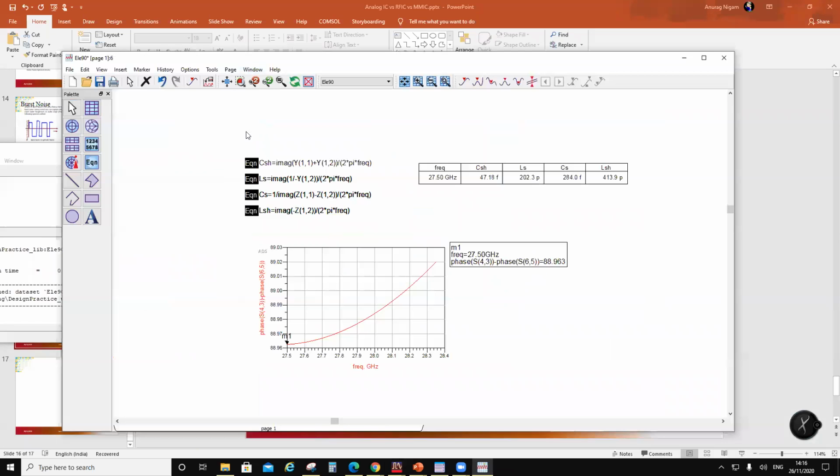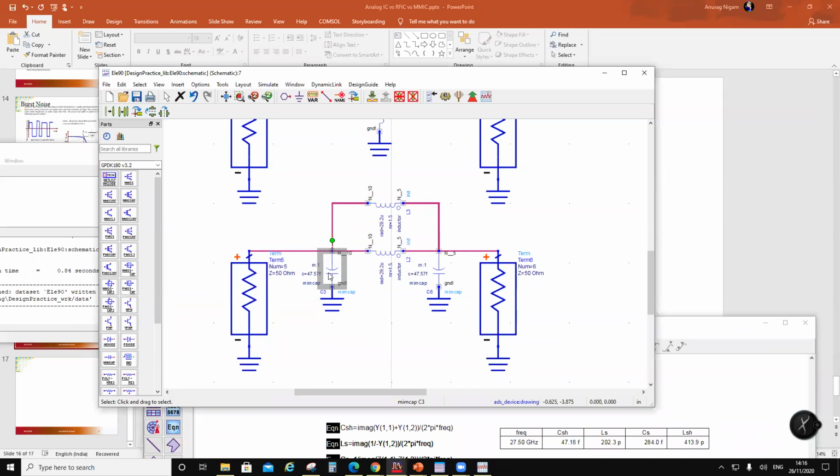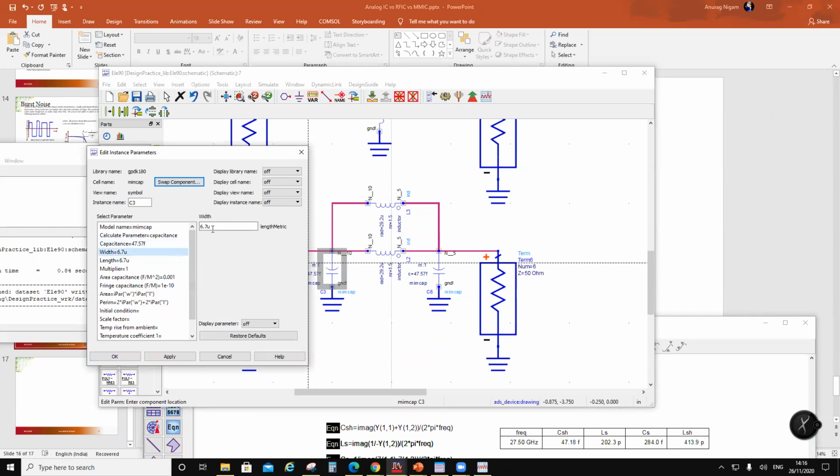Okay, so you have 89 degrees over here, 88.9, 89 degrees. It's not 90 degrees. It's because this capacitance is slightly different, right? Okay. Let me try the other side. 6.8, 6.8.